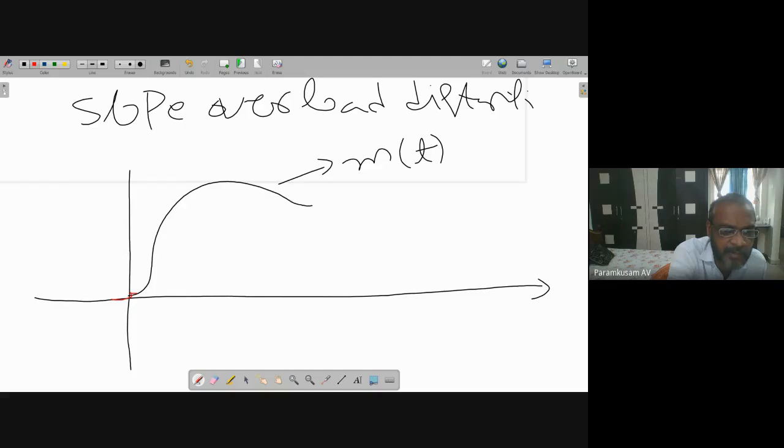Still m of t is greater than m cap of t. ఇక్కడ తగ్గింది, మళ్ళీ తగ్గుతుంది, మళ్ళీ m of t is greater than m cap of t, then increase అవుతుంది.